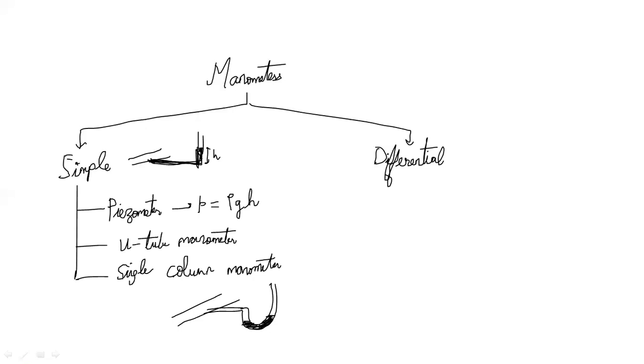Then this fluid rises up or falls down as the case of gauge or vacuum pressure respectively is encountered. This is the simple case of a U-tube manometer. Now we'll solve an example to understand how the U-tube manometer works.